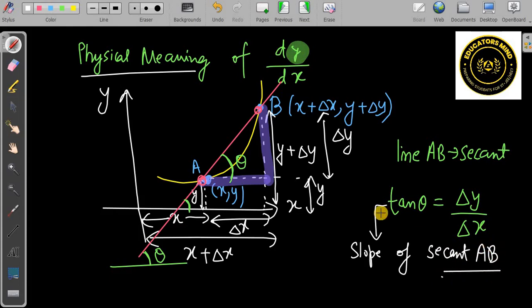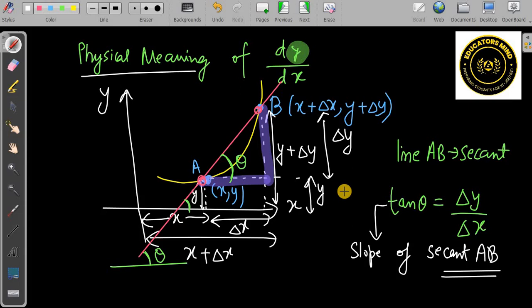So this tan theta, delta y by delta x, is called the slope of the line AB. Line AB is a secant here. And a line has a constant slope. So this line AB has the slope tan theta, delta y by delta x. That is the slope of the secant.